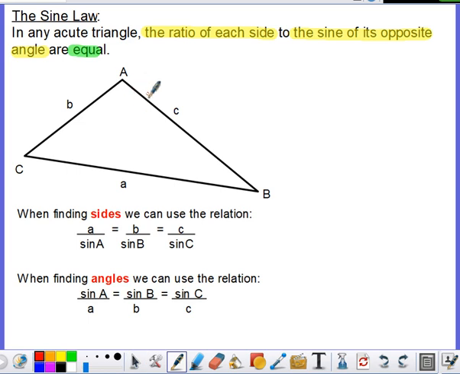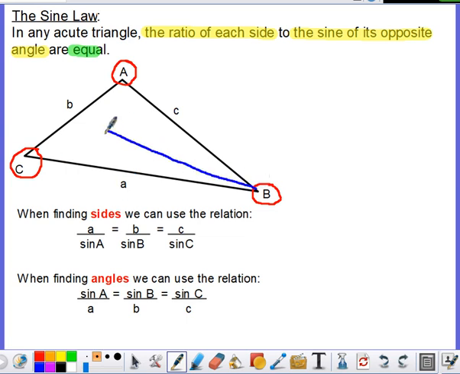Again, I want to reiterate this. Whenever we're talking about an angle, angle A, angle B, angle C, we use these capital letters. And when we're talking about the side lengths, directly across from angle A, angle A opens up and creates side A, and for sides we use these lowercase letters.